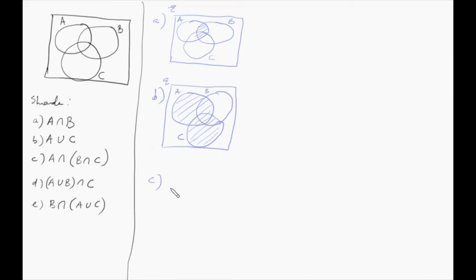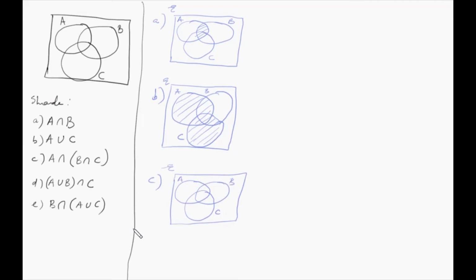All right. Number C. Number C, we have our universal set. We have the three sets in here. All right.